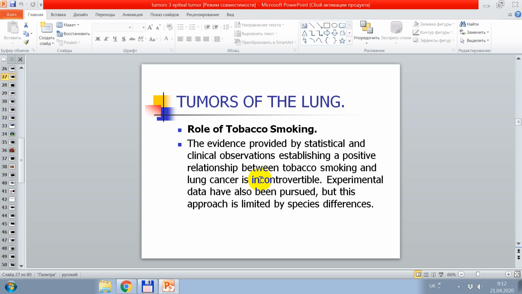The evidence provided by statistical and clinical observations establishing a positive relationship between tobacco smoking and lung cancer is incontrovertible. Experimental data have also been pursued, but this approach is limited by species differences.